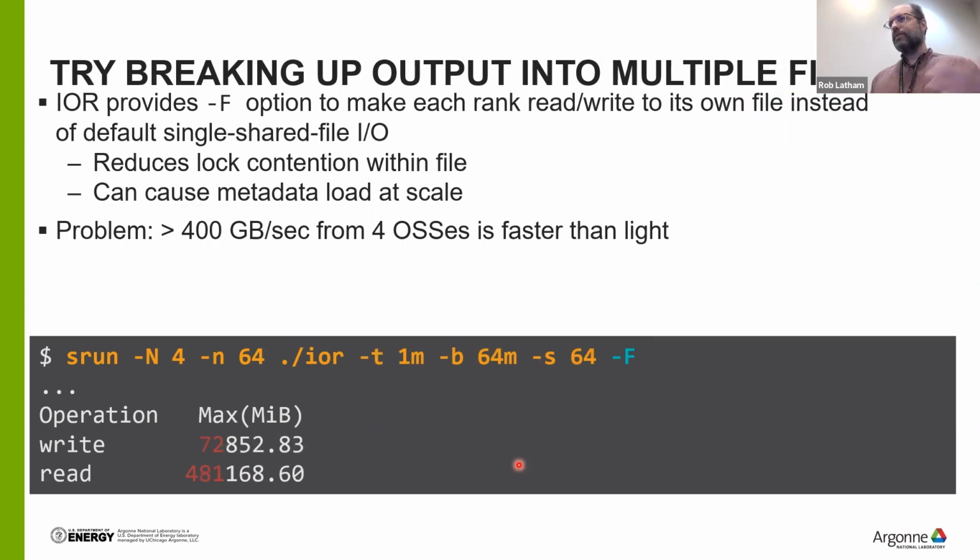And the metadata component of the file system needs to be involved in every one of the file creation and operations that happen to do all these files. So this can be a short-term band-aid, but it might not be the best solution long-term because you don't want to deal with tons of files as you scale up the problem. This is probably okay for 64 processes, but if you have thousands and thousands of clients, maybe not so great.